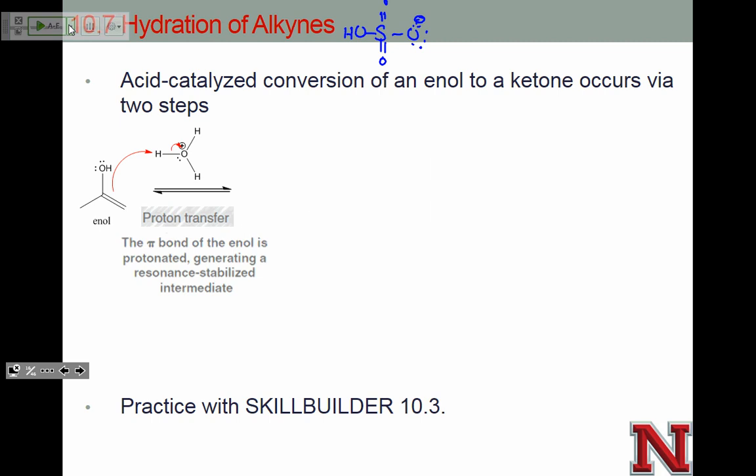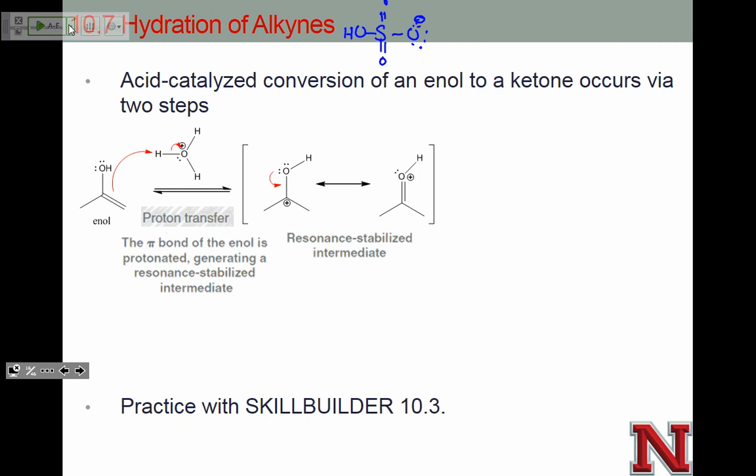So what's likely to happen is we're going to get the formation of our carbon-oxygen double bond, because this is resonance stabilized, and of course our more contributing resonance structure is this one, because all atoms have a complete octet, versus this one, our carbon doesn't have a complete octet.